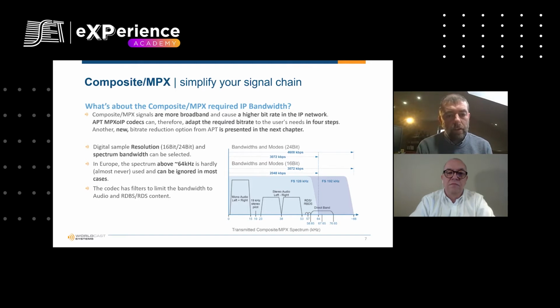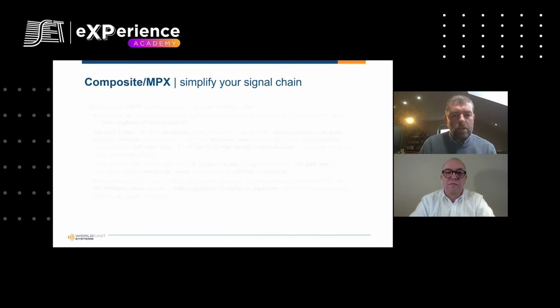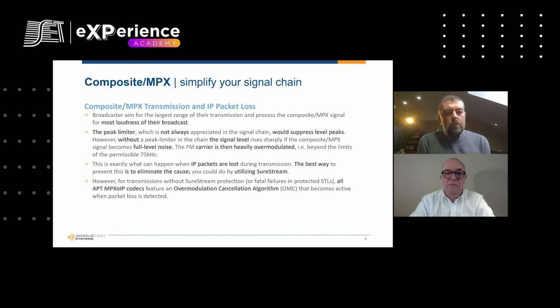After that, the signal is irrelevant because there's no information contained in most territories. Some places in the world there is information in the subband. The US, for example, use this for public broadcasting, for reading services for the blind. So of course, if you do need to encode that, your overhead is a little bit more at 3 megabits. So it's still quite heavy, either 2 megabits or 3 megabits, but we have a solution for that as well.